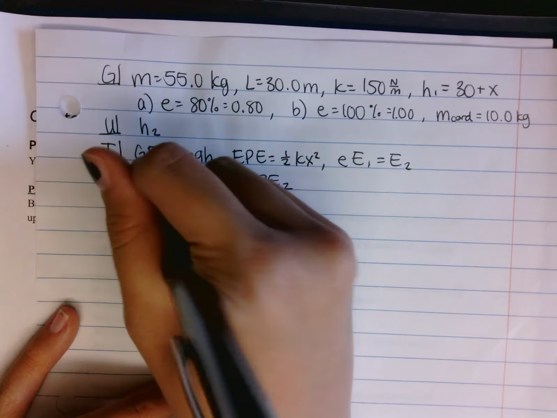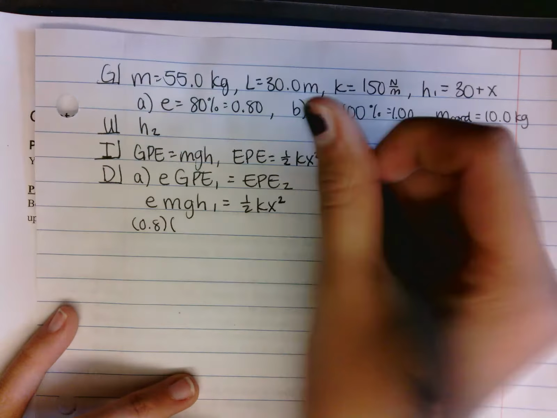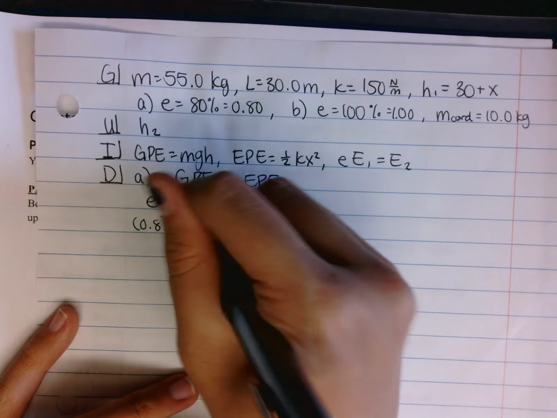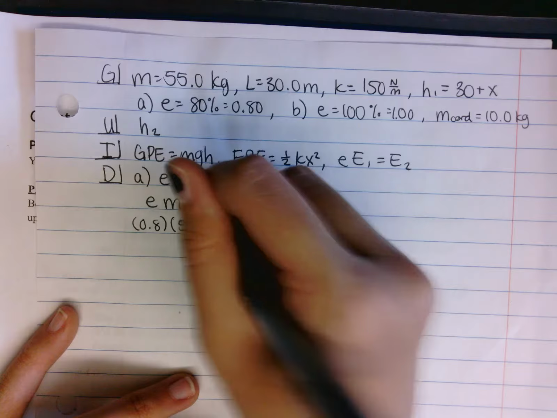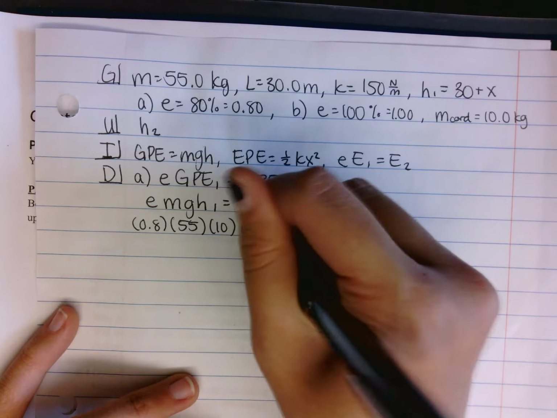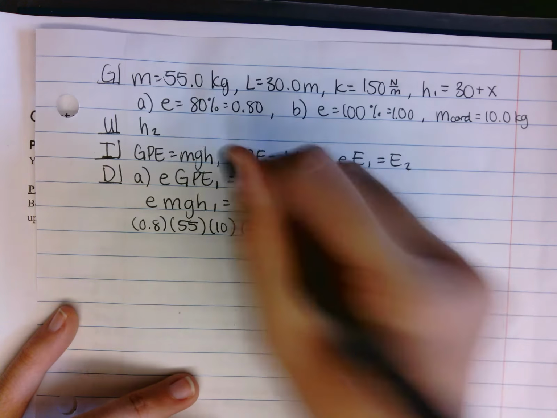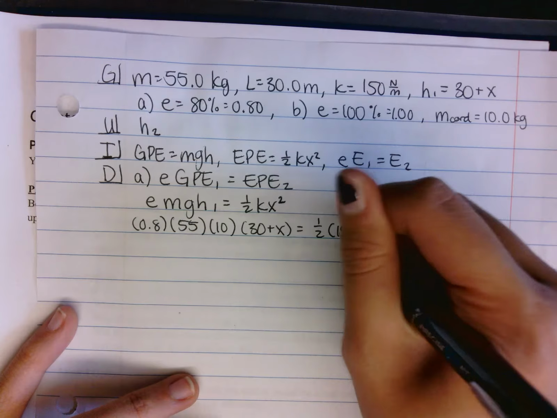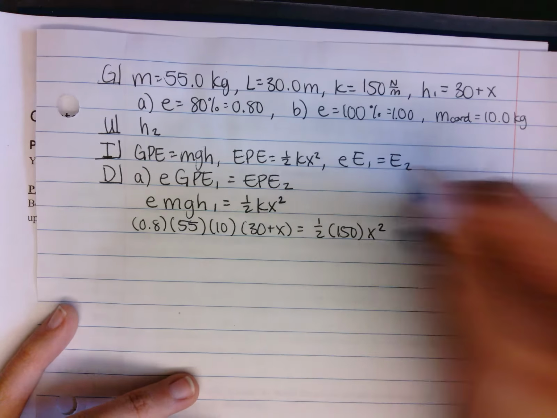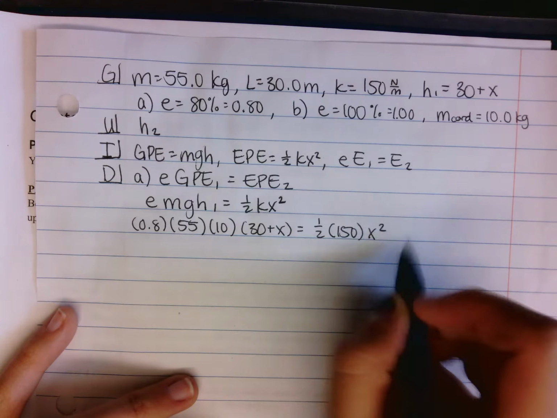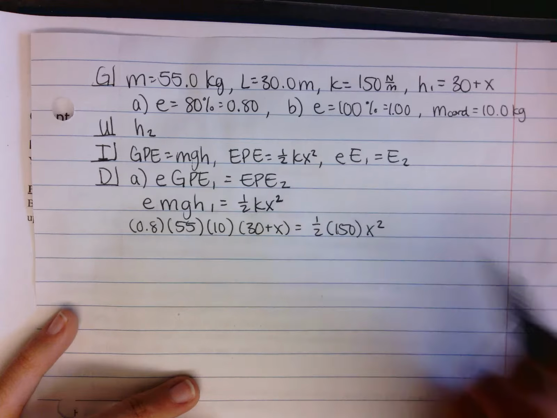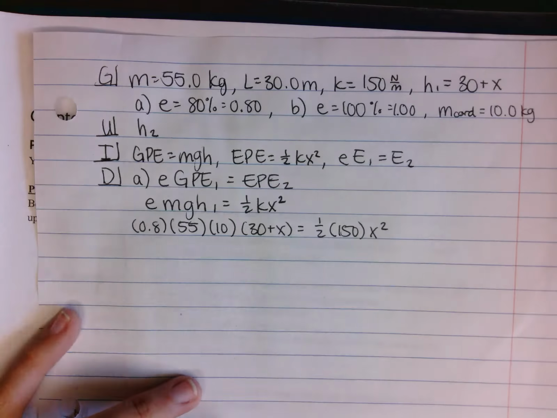E is equal to 0.8, M is 55 kilograms, G is 10, and H1 is 30 plus x, which is equal to 1/2 times 150 times x squared. Using the stretch, we'll be able to find out what height 2 is equal to.